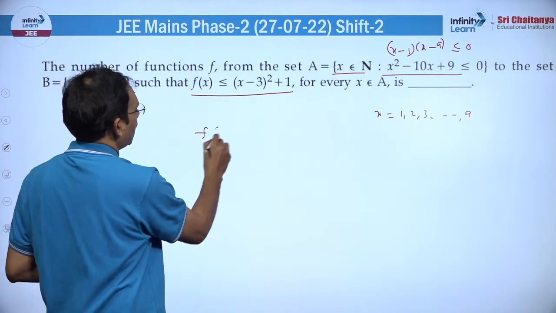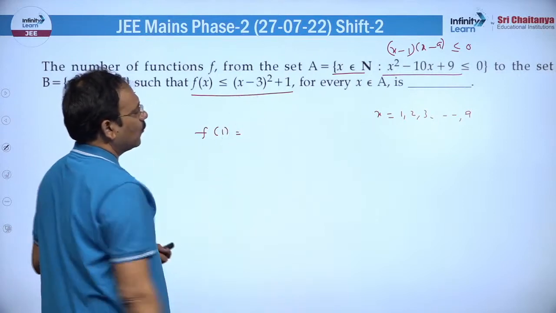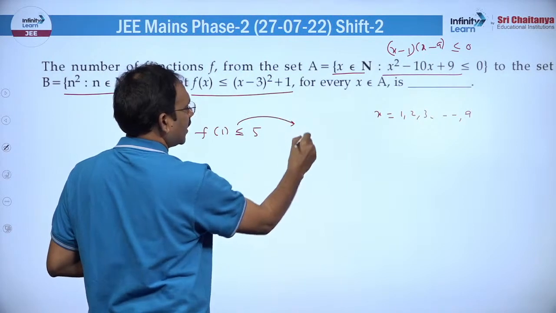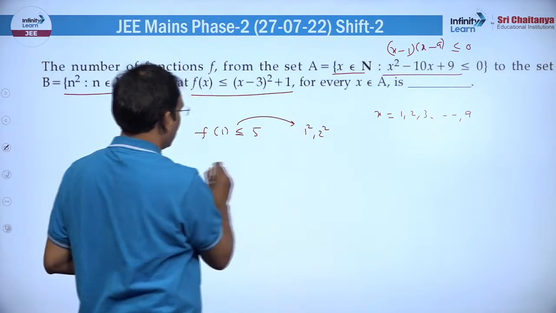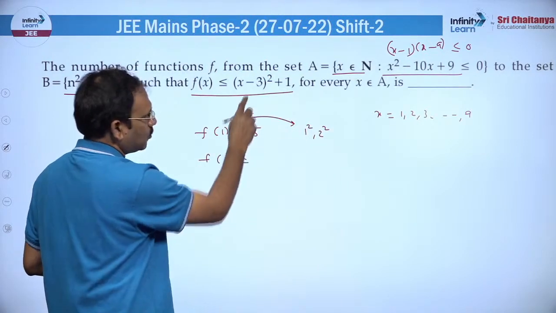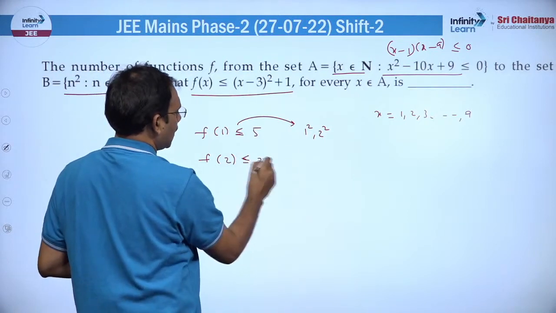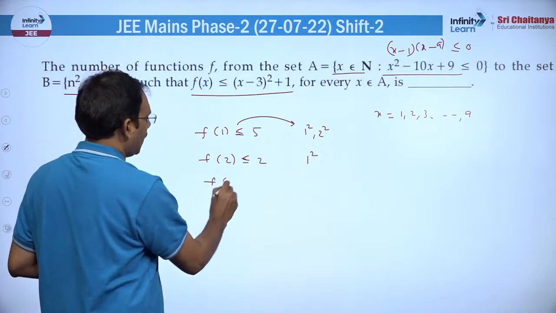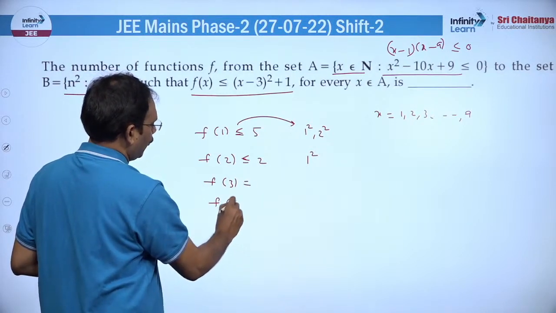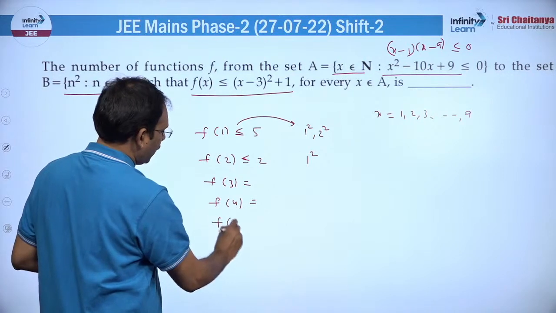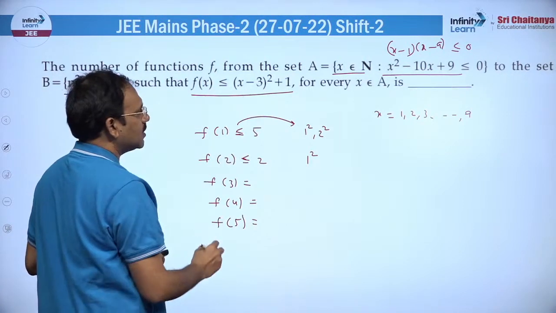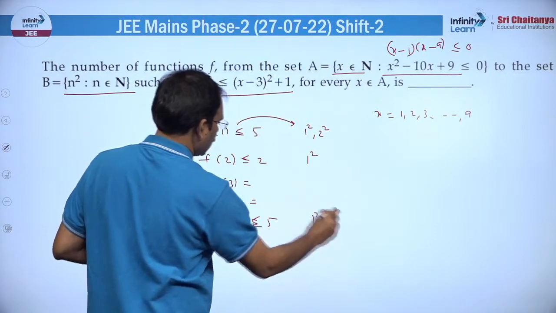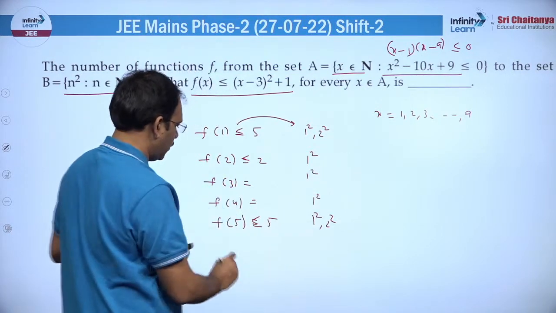That means if you take f of 1, this is 4 plus 1, 5, less than or equal to 5, means 1 can be mapped to 1 square or 2 square only. F of 2 is going to be 2, in the sense less than or equal to 2 means it must be mapped to 1 square itself. In the same way, f of 3, f of 4. If you just take f of 5, my dear friends, this is 4 less than or equal to 5, means here also you will get 1 square or 2 square, here also 1 square you are going to get.